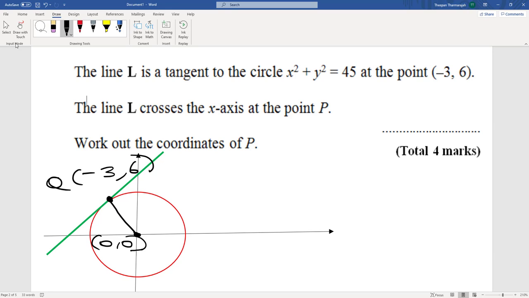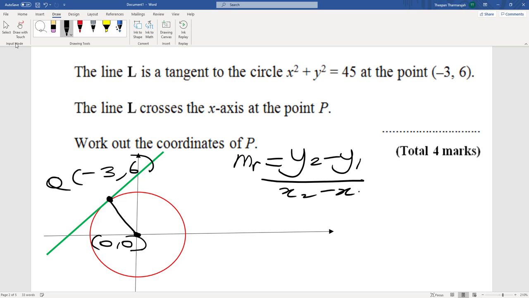Now what we want to do is work out the gradient of that radius. We're going to do that by saying MR for the gradient of the radius is y2 minus y1 over x2 minus x1. Now once we've got that, MR is going to be, I'm going to call x2 minus 3, y2 6, x1 0, y1 0.